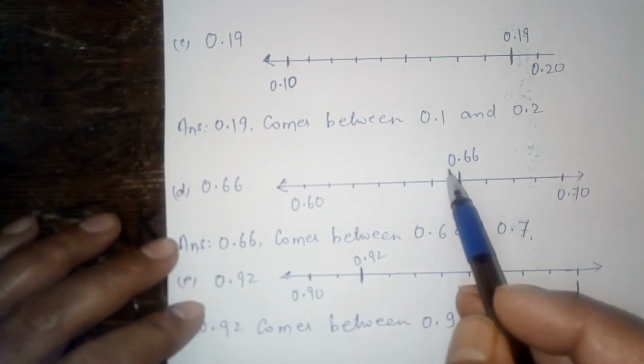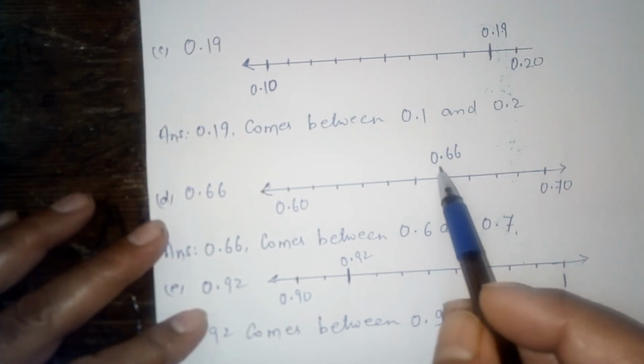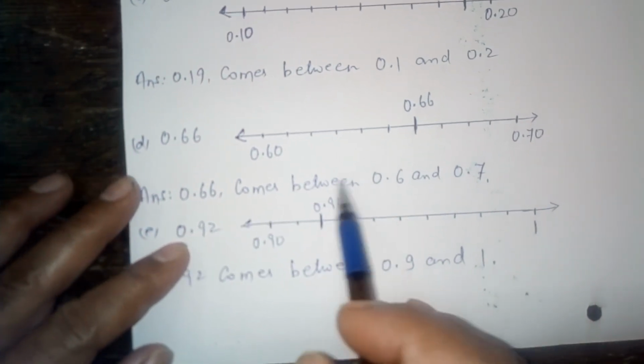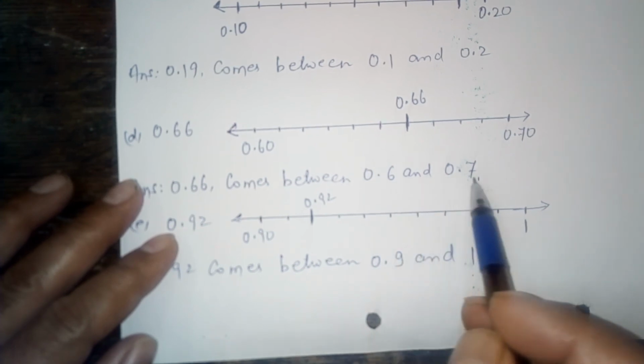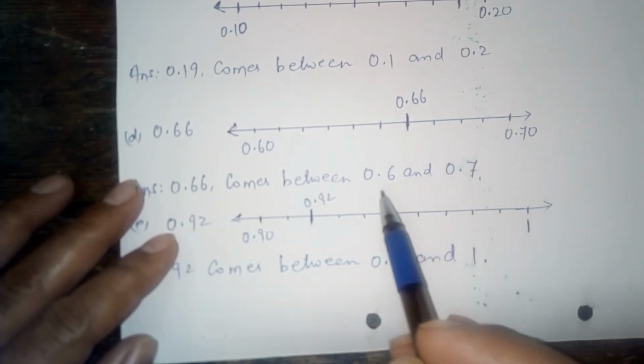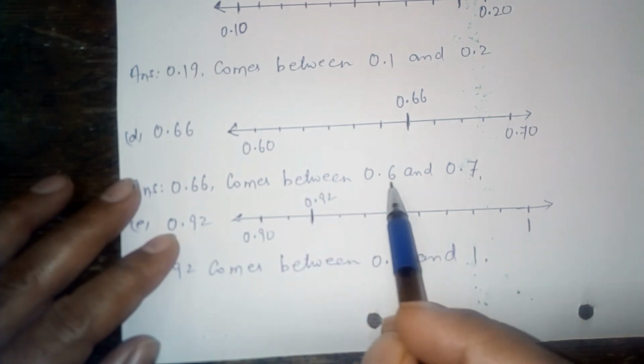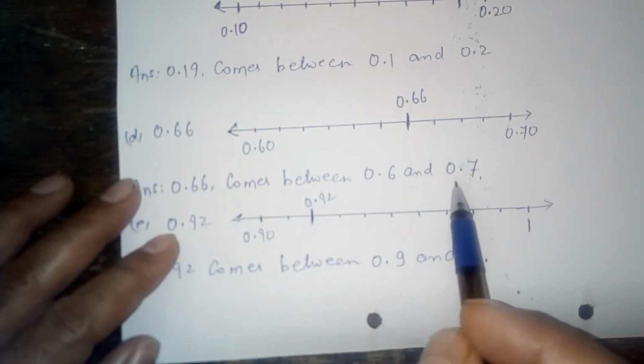The meaning is 0.66 comes between 0.6 and 0.7.